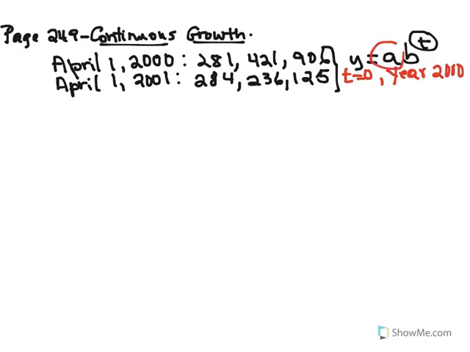Since I know that my starting value is my population in the year where t equals 0, that means that I already have a, right? I can go ahead and start writing my function because I already have a. But I need b, yes? So I'm going to find b.